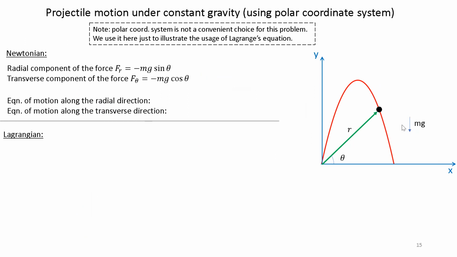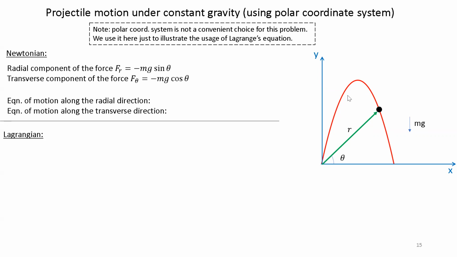I want to remind you that for this problem you have already used the Cartesian coordinates to solve it, and it was very easy. Polar coordinates won't be a convenient choice for this problem, but I want to use this example to illustrate how we use the polar coordinate system with the equation of motion.